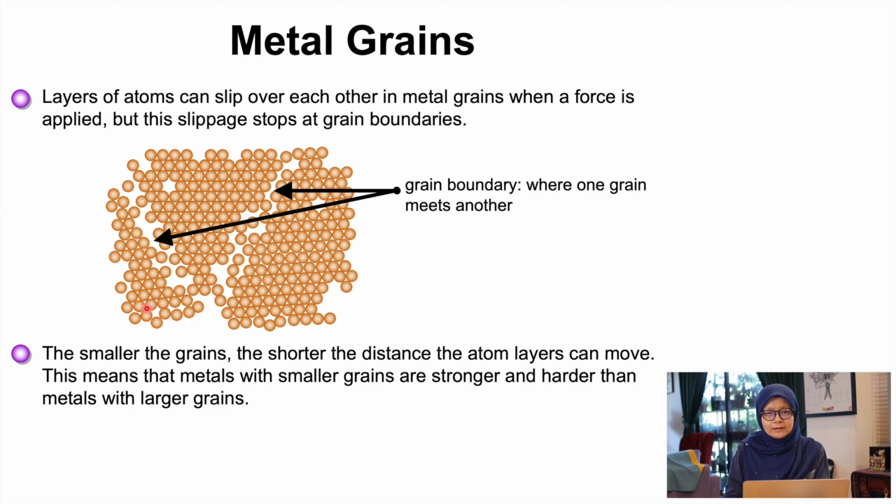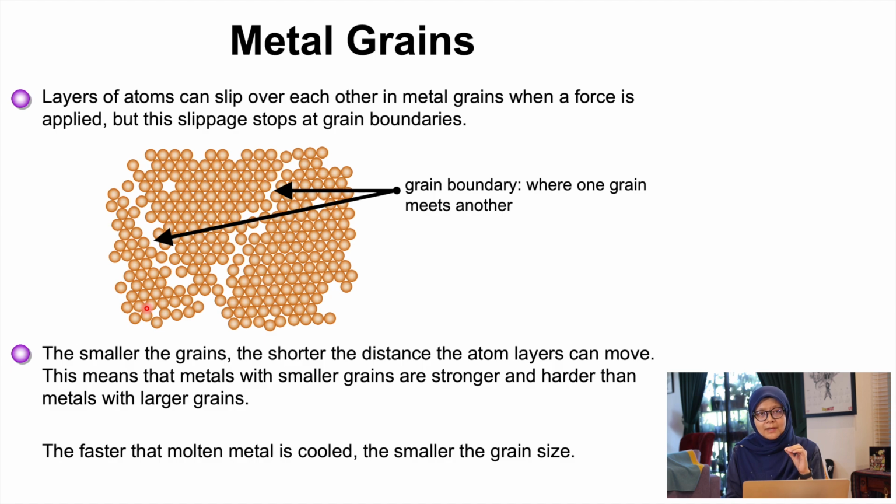The faster the molten metal is cooled, the smaller the grain size. So we can modify or alter the size of grains based on how fast the molten metal cools.